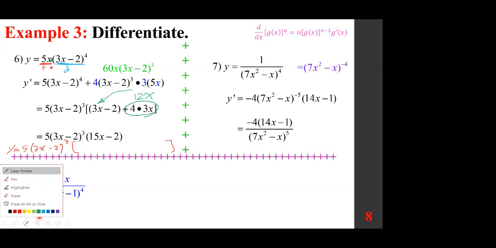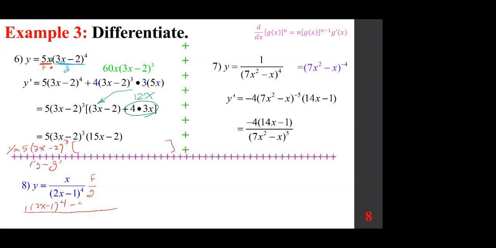So you can think of this as f over g, and we are going to use f prime g. So I'm going to do it step by step. F prime 1 times g, 2x minus 1 to the power of 4, minus g prime. We've done this many times before now.